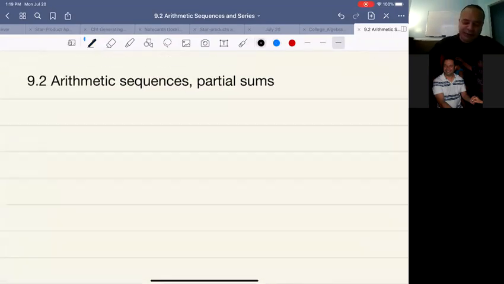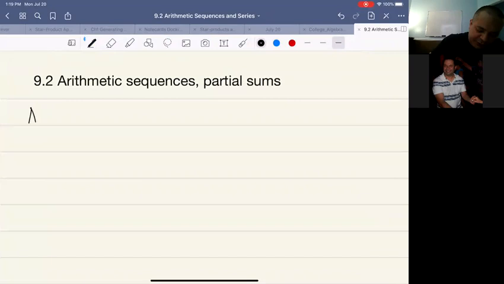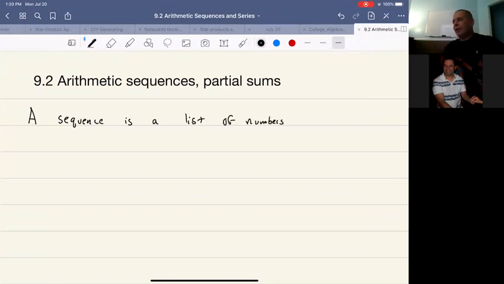So an arithmetic sequence, remember a sequence is a list of numbers, basically. We defined it as a function from the integers into the real numbers, but let's just take it as a list of numbers, starting with A1, A2, A3, and so on.